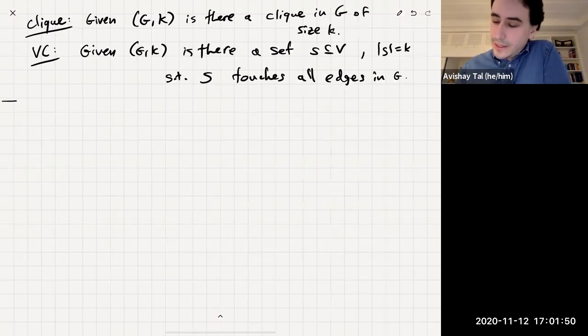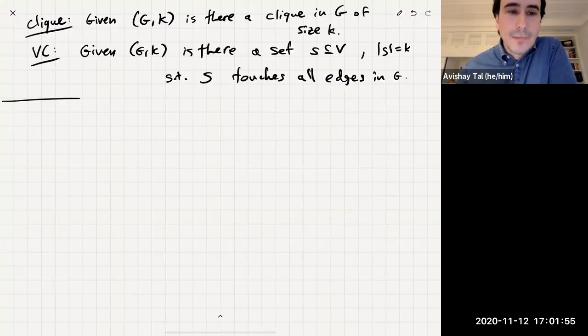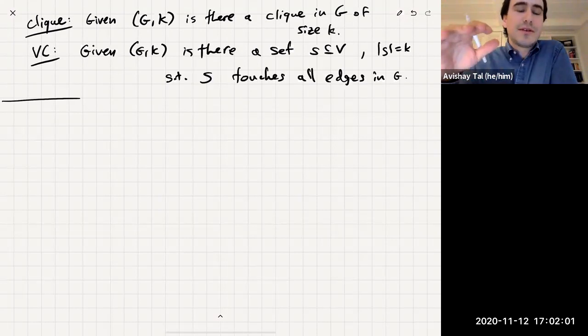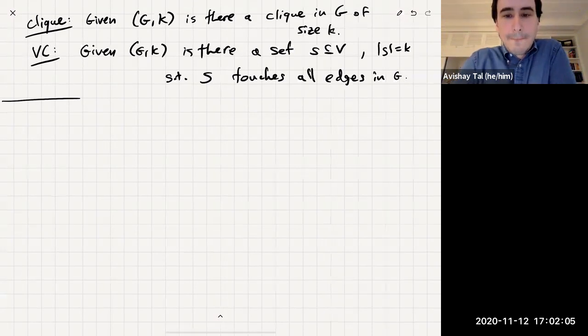Do you see why clique is NP complete? Do you see some other problem that we already discussed today, such that there's a reduction from that problem to clique? What is a clique?